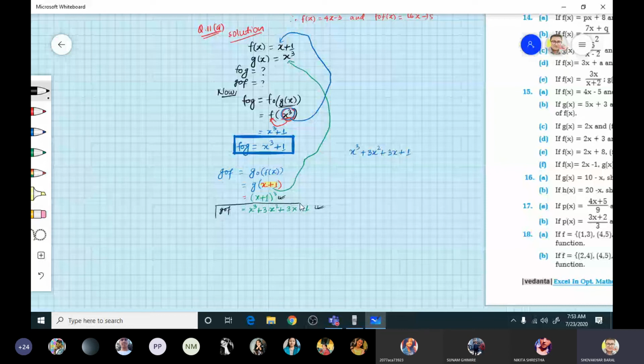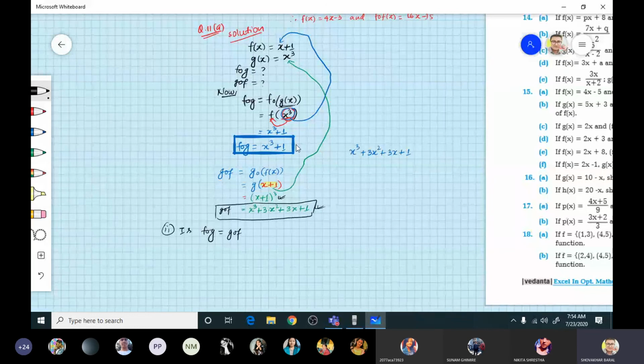Okay, there was second part of the question also. The second part of the question want you to check: is F composite G is equals to G composite F? No. The answer is simply no. F composite G is not equal to G composite F. See the result here. F composite G is x cube plus 1 and G composite F is something like this: x cube plus 3x square plus 3x plus 1.